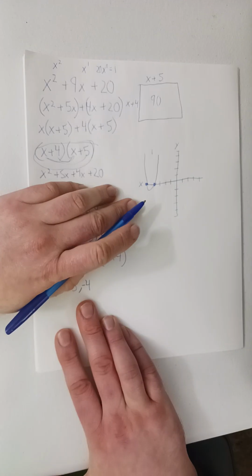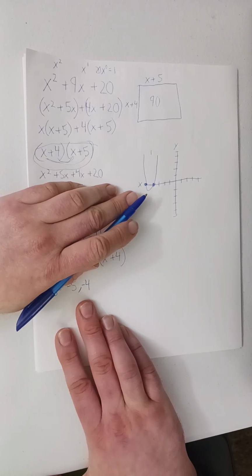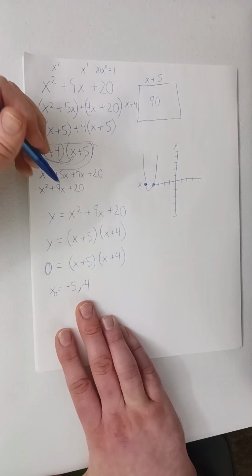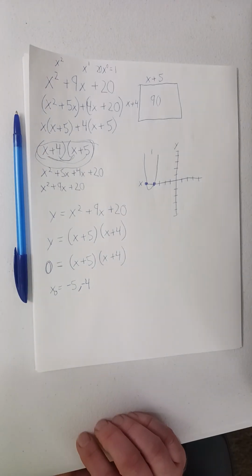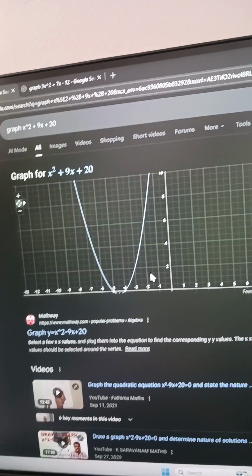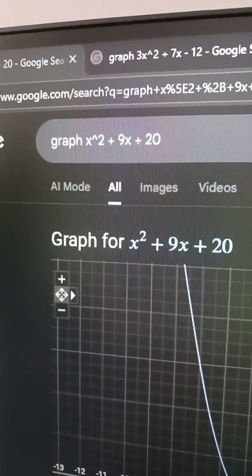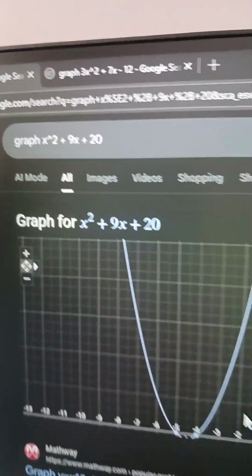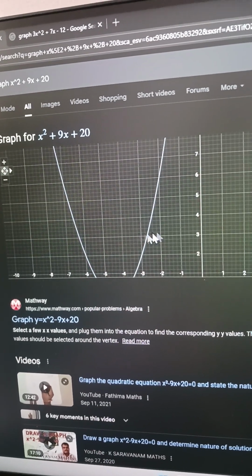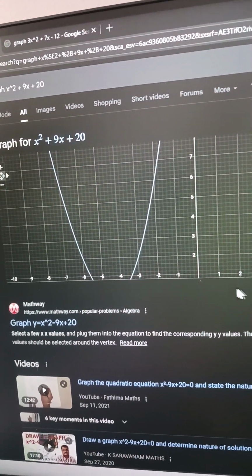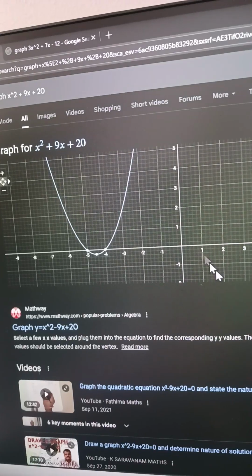First, I'm going to show you that if you go on Google, you can see that this is correct, that it's at negative 5 and negative 4. So I'm going to pause this real quick. If you type this into Google, graph x squared plus 9x plus 20, it'll show you a graph, in fact, and you can zoom in. This here is the y-axis, and then the x-axis is this line here.